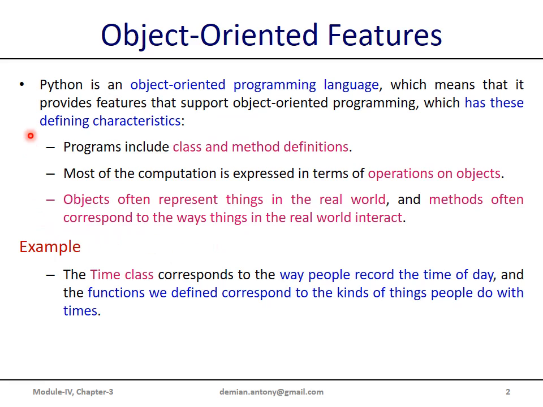As an example, to illustrate these three characteristics of an object-oriented language, let us take up the time class, where class time corresponds to the way people record the time of day, that is hours, minutes, and seconds. And the functions like add time or increment correspond to the kinds of things that people do with these times.